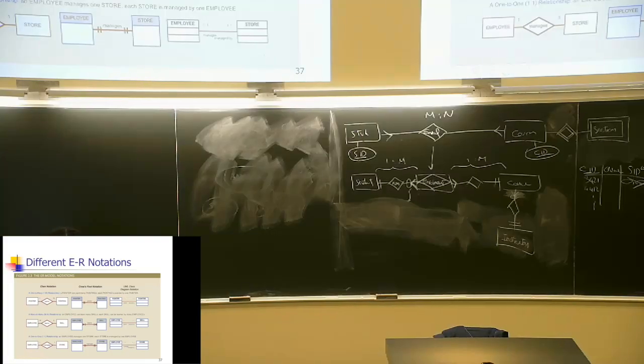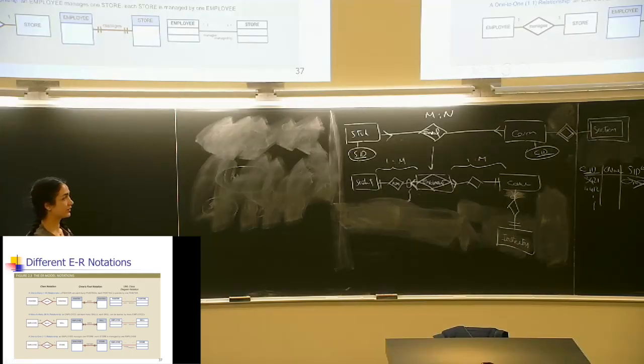These are just different ER notations using different formats. The format that we use in this class is this notation. So you show entities with a rectangle, you show relationships with these diamonds. If it is a weak entity, you show it with a double line rectangle.